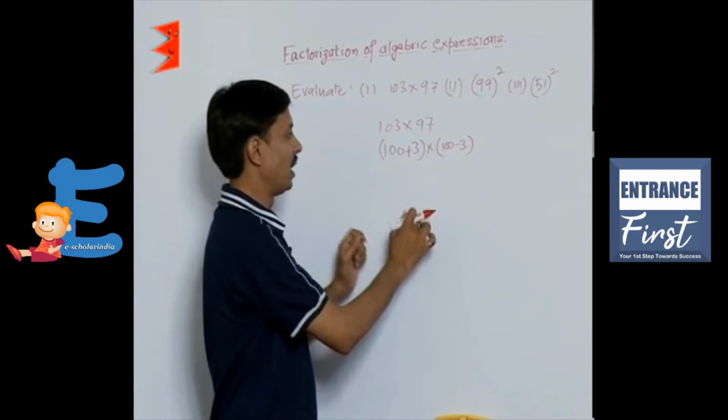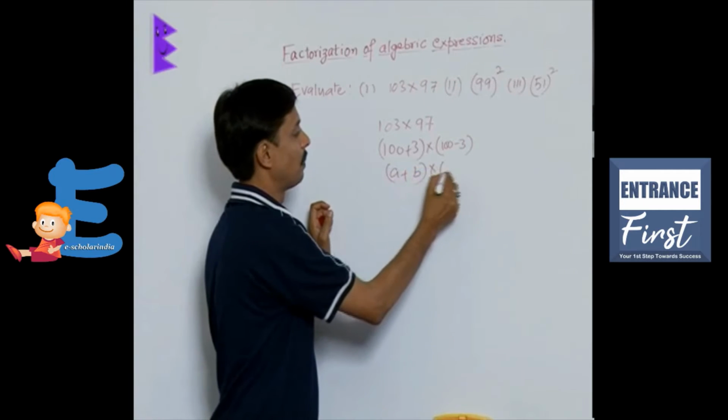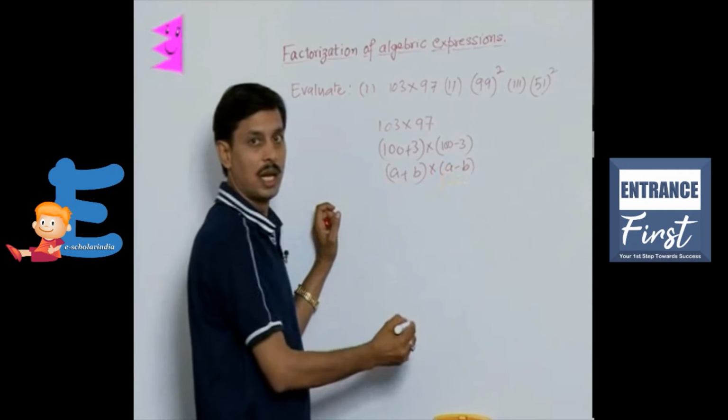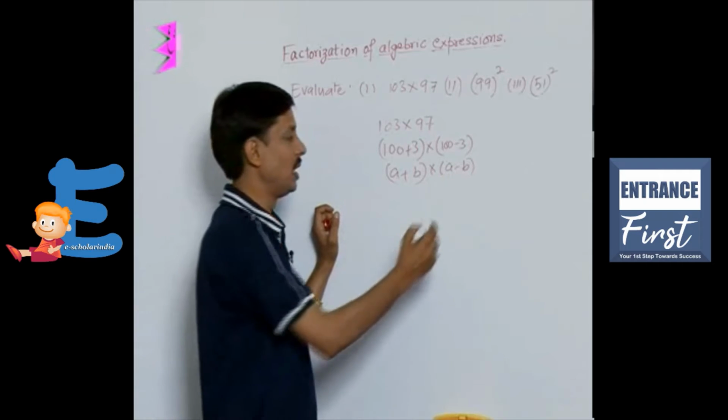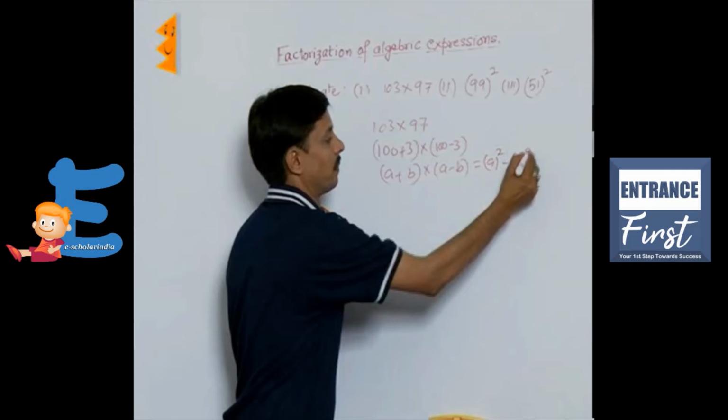So this is the pairing where (a + b)(a − b) can be written as a² − b².